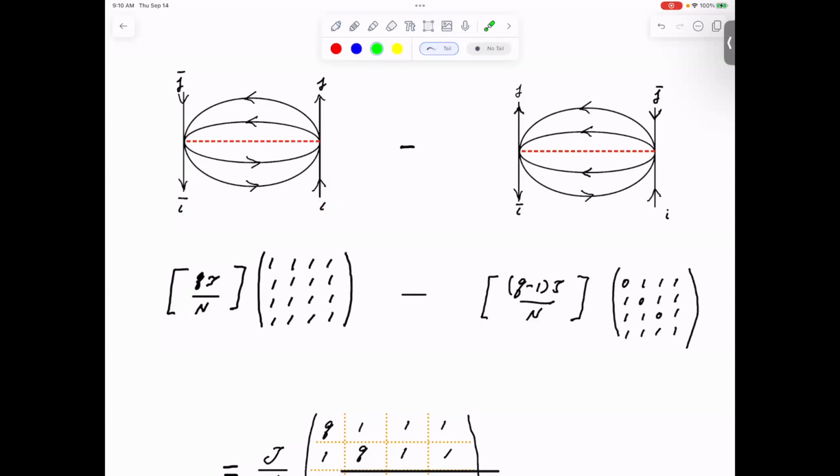But if you look carefully at it, you will see that in the final state here, the two fermions, or the fermion and antifermion, have been interchanged. Here we have J, here we have J bar. So the two fermions in the final state are interchanged with respect to each other. That's why there's a minus sign.